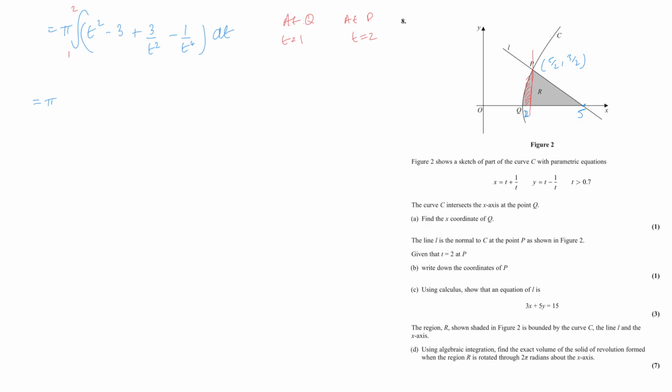So I've got pi, so it's t cubed over 3 minus 3t minus 3 over t plus 1 over 3t cubed.